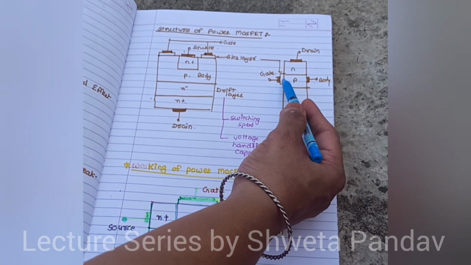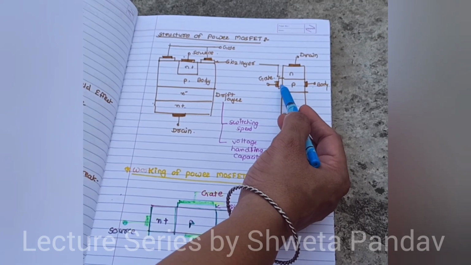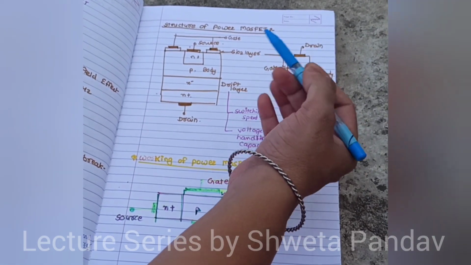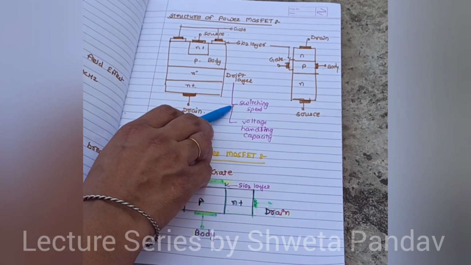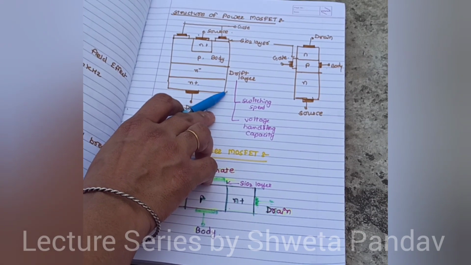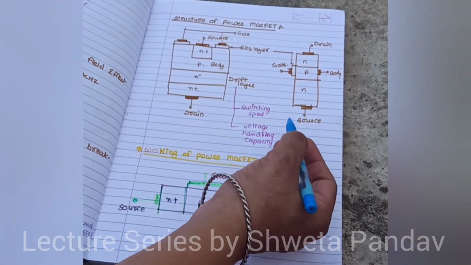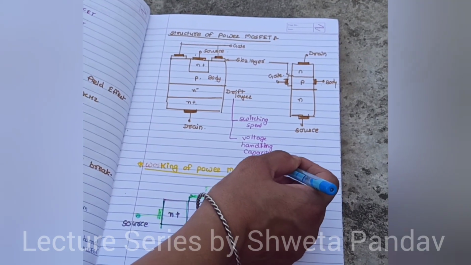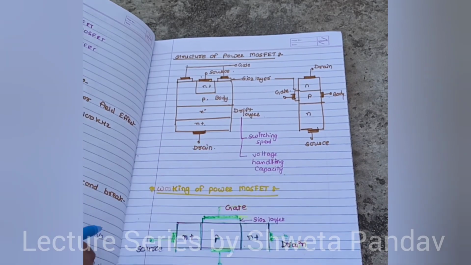This SiO2 layer behaves as a capacitor. Now what is the use of the drift layer? With the help of the drift layer we can increase the switching speed of our MOSFET, and by introducing the N minus layer we can increase the voltage handling capacity of the MOSFET. So these are two advantages of adding the drift layer.